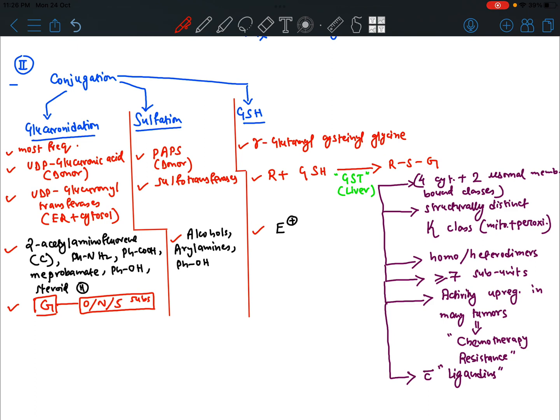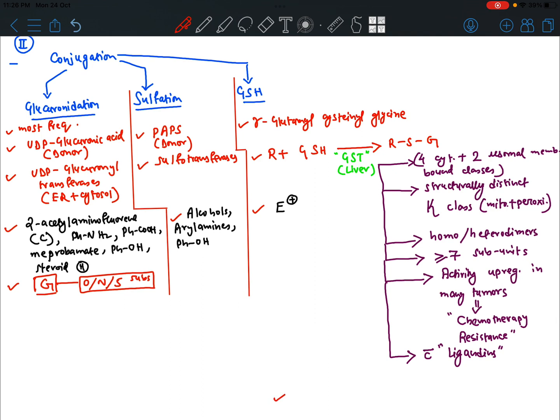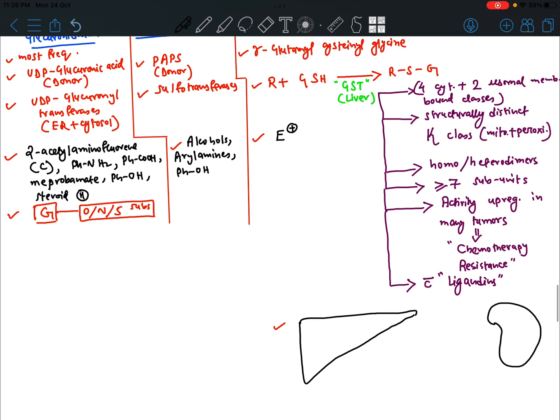You can also say that we have the liver and we have the kidney.